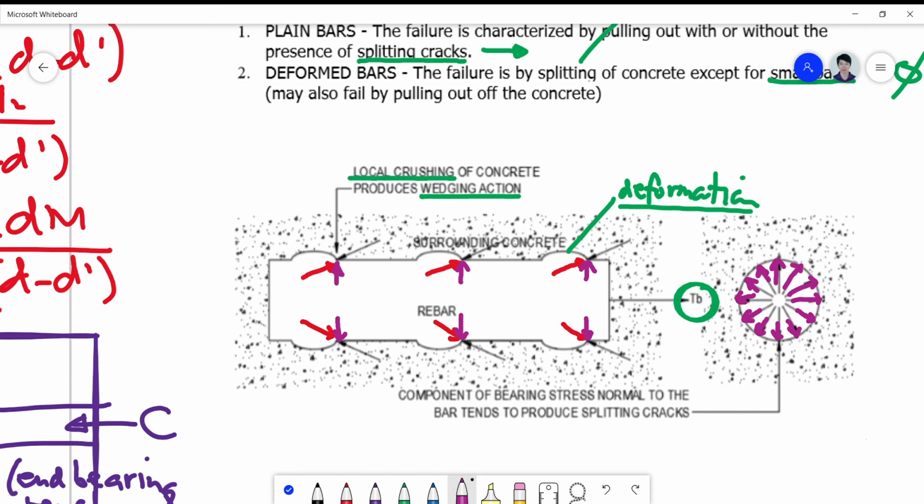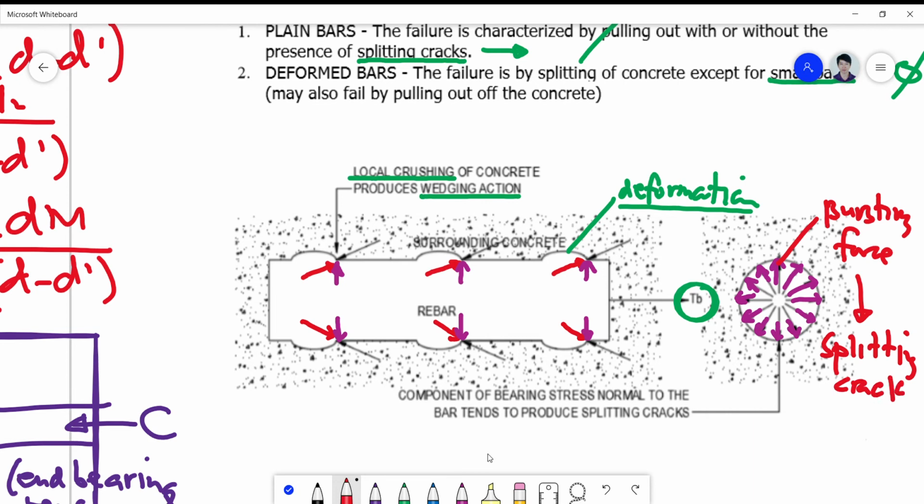So you call now this a bursting force on your concrete, and this bursting force will eventually give you a manifestation of splitting cracks. That's why you call it splitting cracks or splitting force, because the tendency for this concrete is to split into 2, 3, 4.